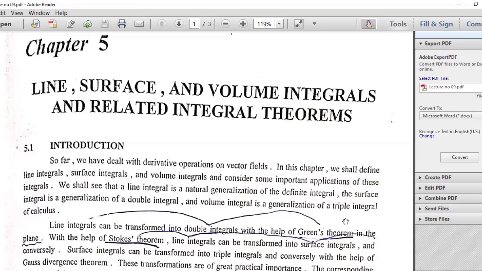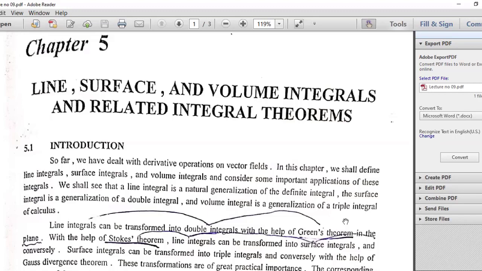Students, you already studied in BSc calculus that the first integral shows a line, the second integral shows a surface, and the third integral shows a volume.